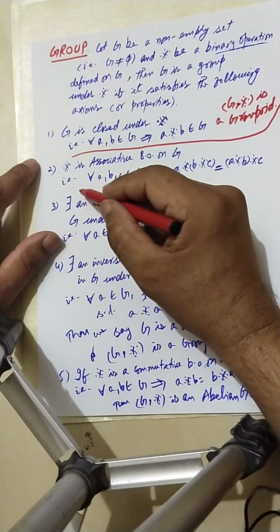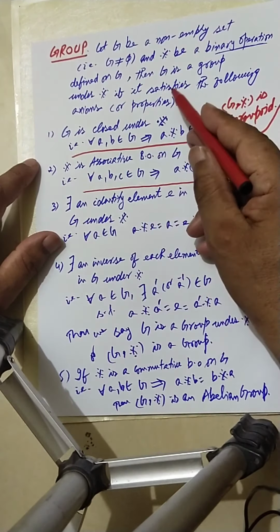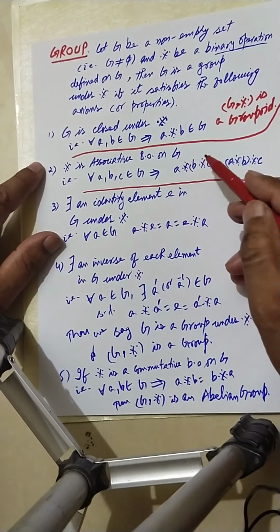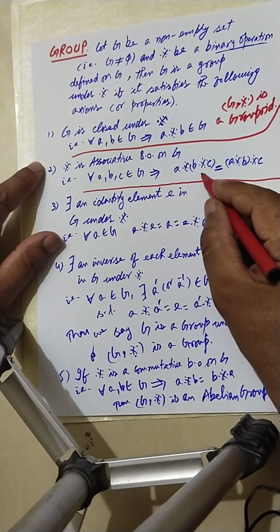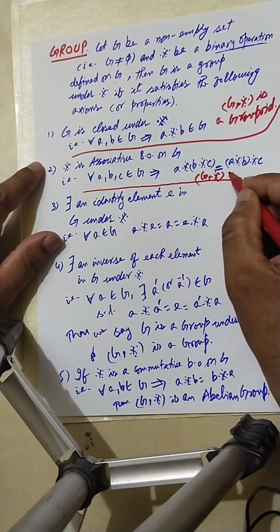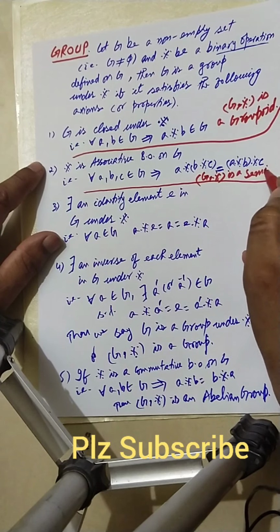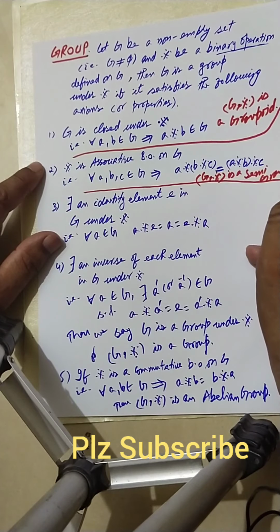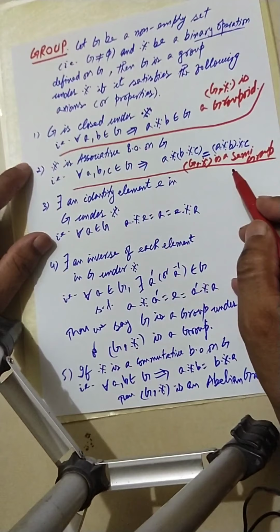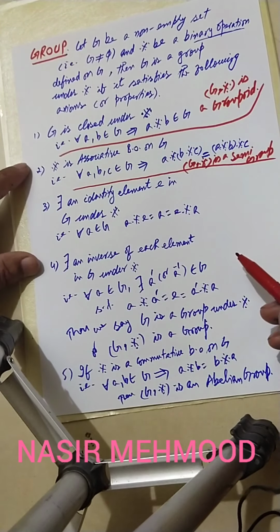If two properties hold, G is closed and * is associative binary operation on G, then we say G comma * is a semigroup. If two properties hold, closure and associative, then G is a semigroup.